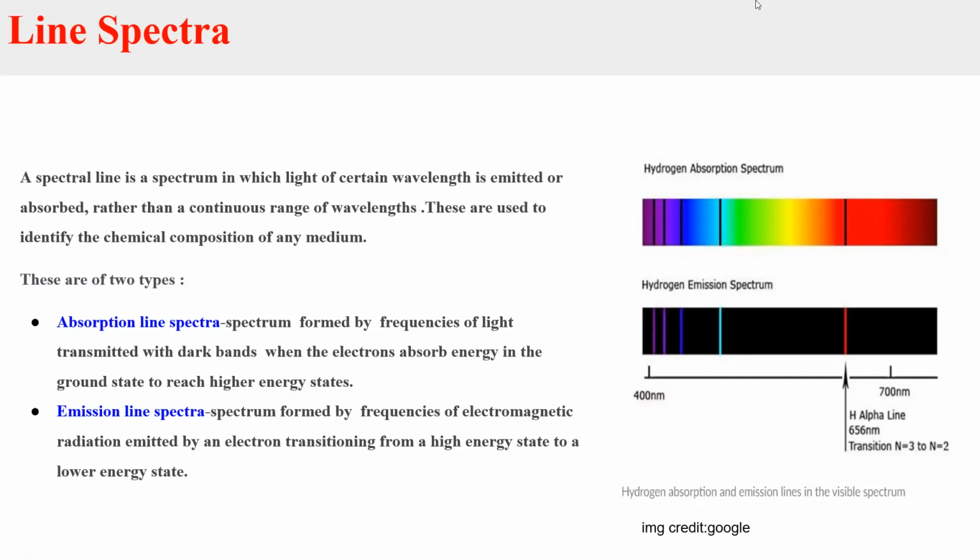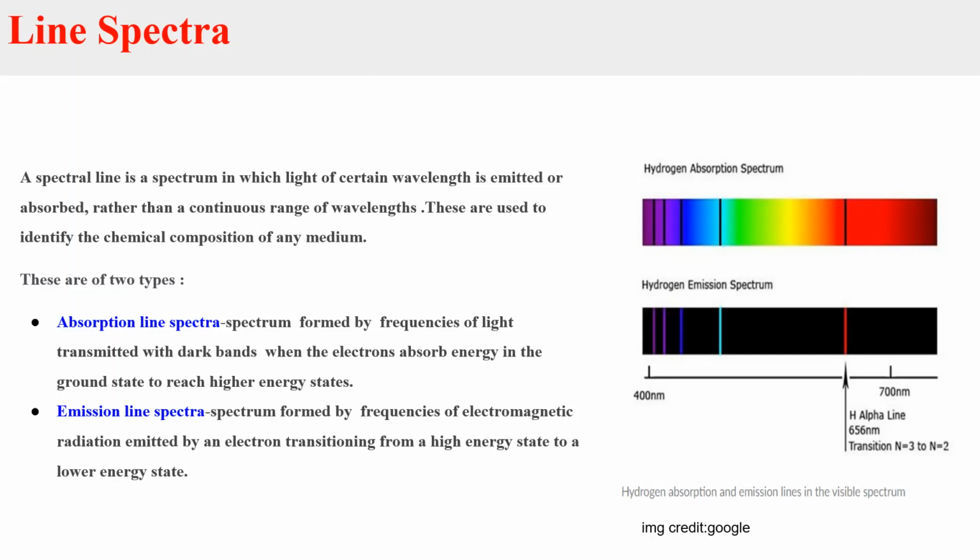Now I will discuss line spectra. What is line spectra? Line spectra is a spectrum formed by the absorption and emission of light of certain wavelengths. Depending upon absorption and emission, these are of two types: first absorption line spectra and another emission line spectra. In absorption line spectra, the electron of an atom absorbs the energy that we have given to it and goes to a higher energy state.